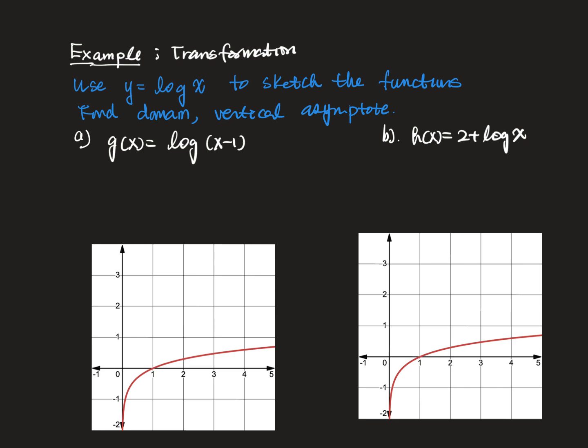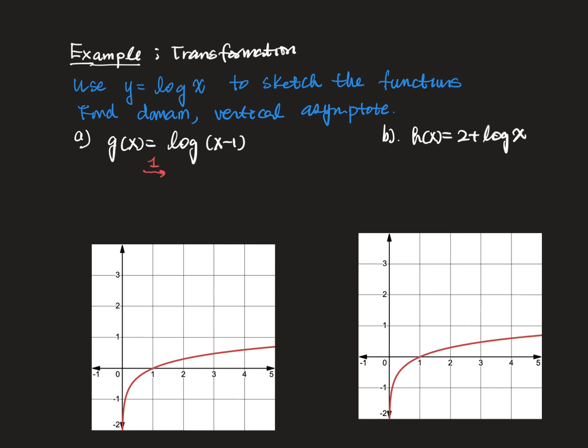Next one is transformation. I give the basic function y equals log x. What does this function mean? It's a common log. Then we're going to talk about transformation and the domain of both functions after sketching the graph. So what does this mean, guys? This one goes to the right 1 unit.